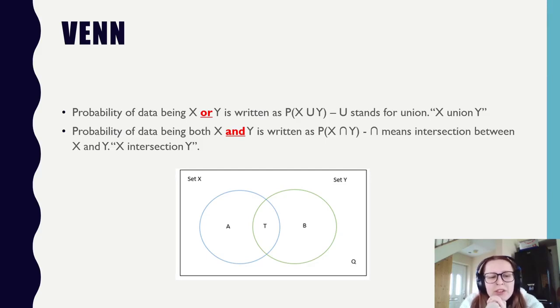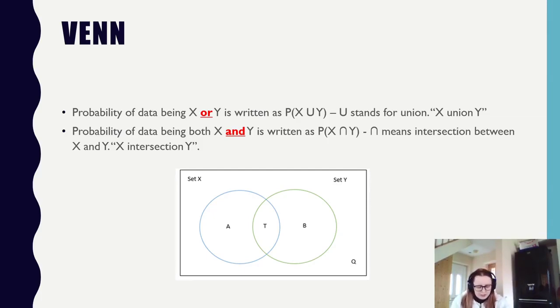There is also a probability of the data being in both X and Y, and that is written as P of X intersection Y. So the little n means intersection. So this does seem confusing.